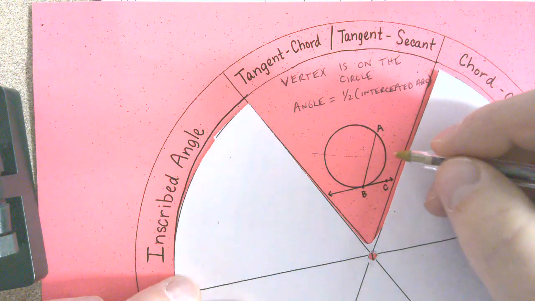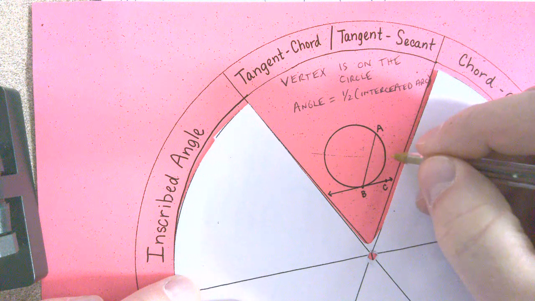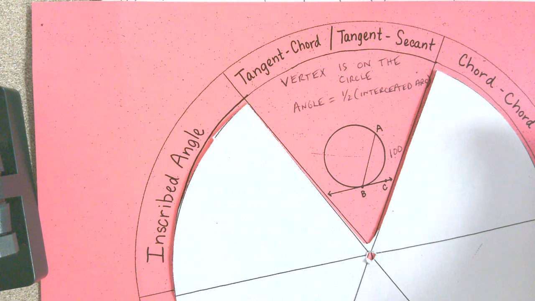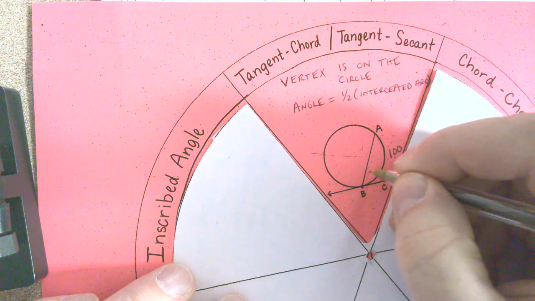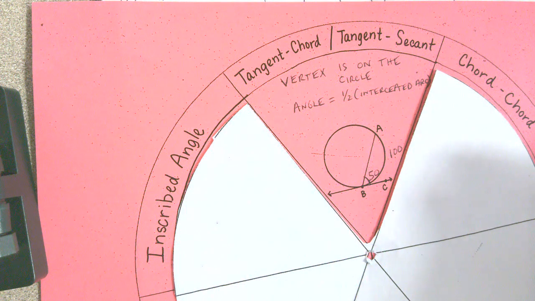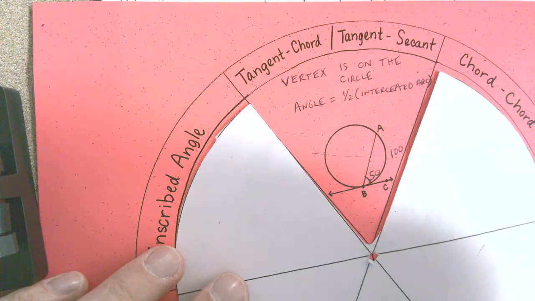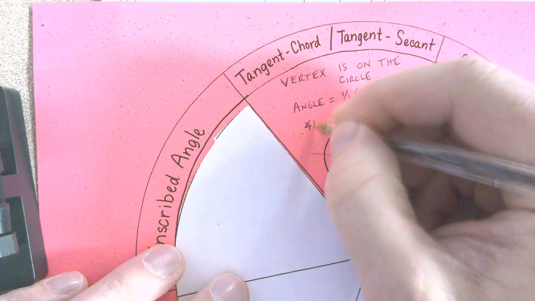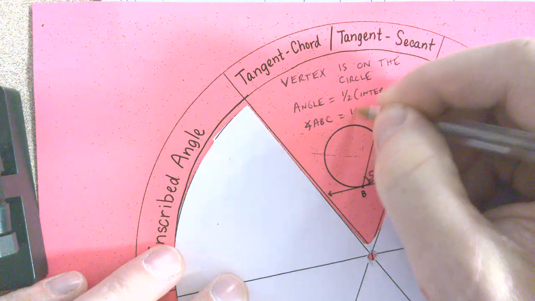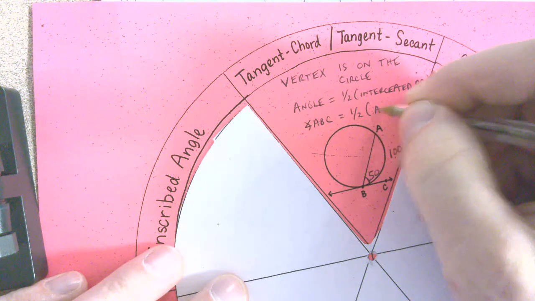So if I told you that the arc AB is 100, what would be the measure of angle ABC based on what I just told you? It would be 50. So this angle here would be 50 degrees. So if I'm writing that out up here above, angle ABC would be equal to 1/2 the measure of arc AB.